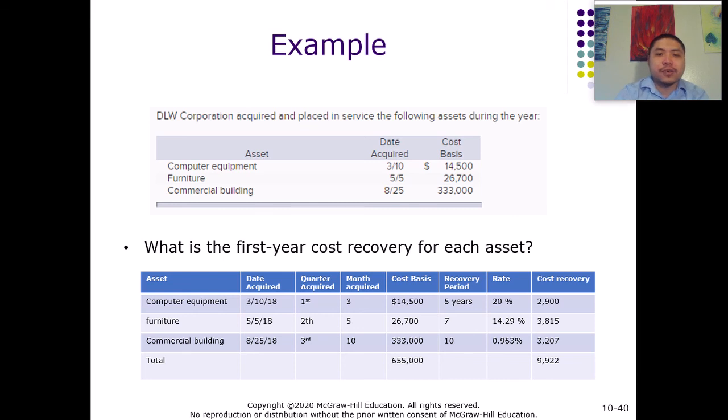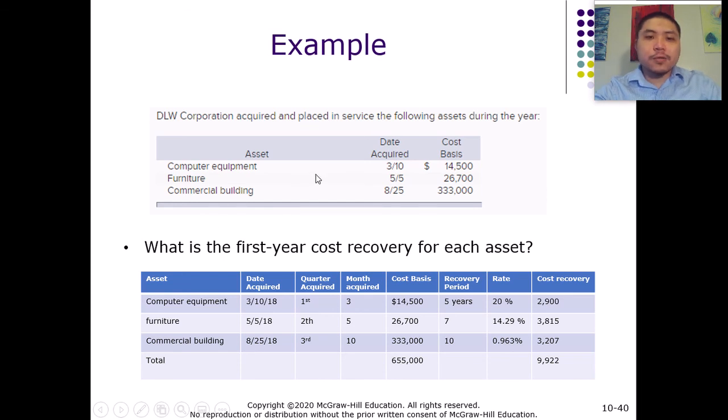Furniture, date acquired May 5th, and the basis was 26,700. And then a commercial building, acquired August 25th, and the cost basis was $333,000.